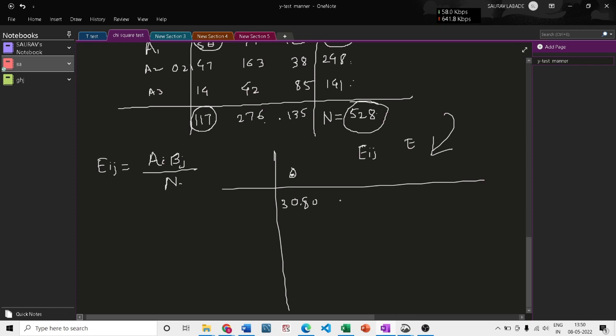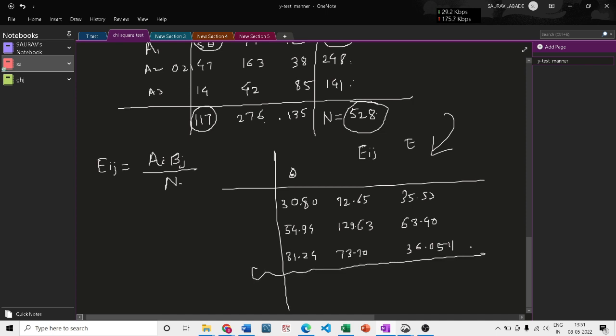The second is 72.65, then 35.53, 54.94, then 129.63. After that it is 63.40, then 31.24, 73.70, 36.0511, right? So these will be all my expected frequencies, right?